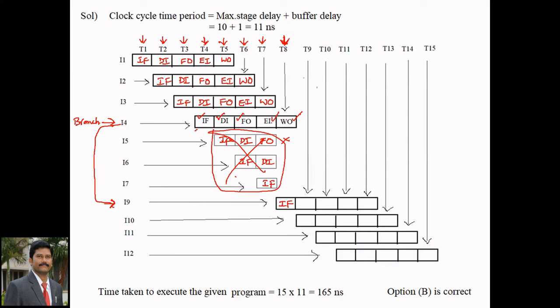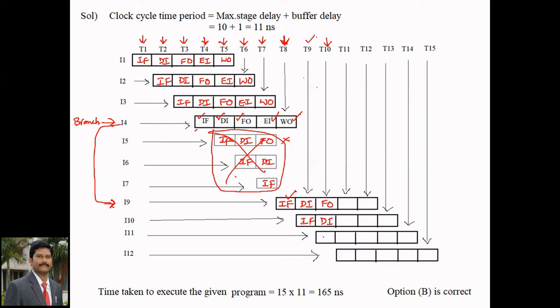So once the execution of this branch instruction is completed, it knows the next instruction should be I9, then directly it fetches I9 into the pipeline. And at T9, because I4 is already completed, I9 enters into this DI stage, and continuously IF is free, then it enters into the pipeline stage. I10 enters, and at T10 this is F4 and this is DI.